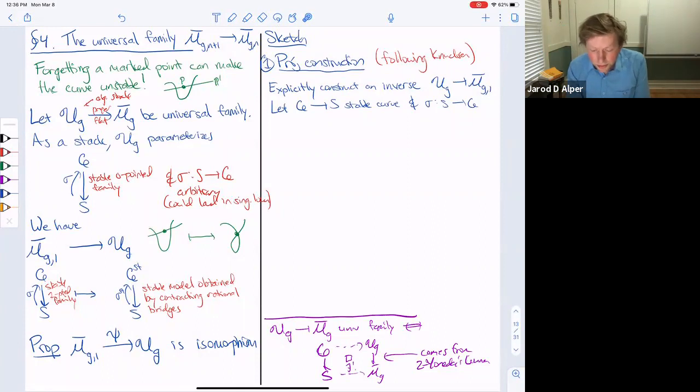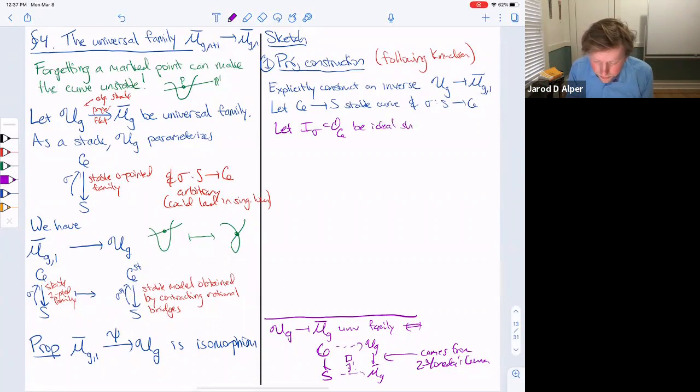So here's the strategy: explicitly construct an inverse. We have a stable curve and an arbitrary section. What we need to produce then is a stable one-pointed family. So let I sigma in OC be the ideal sheaf defining sigma.